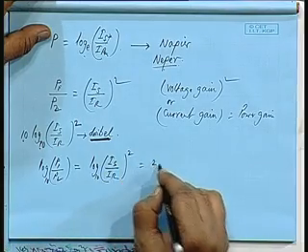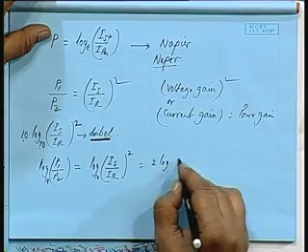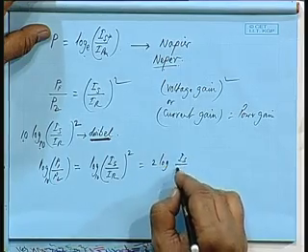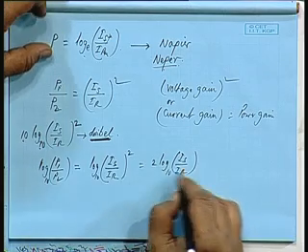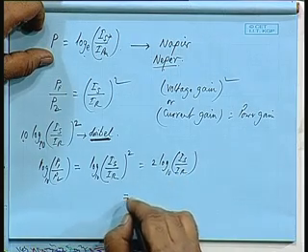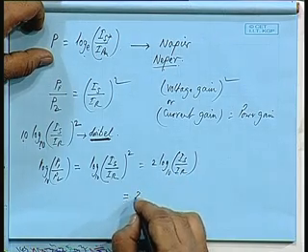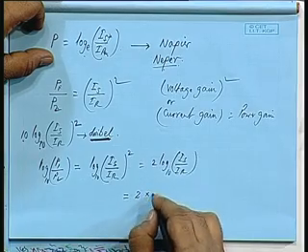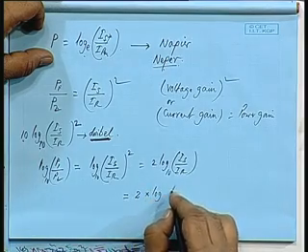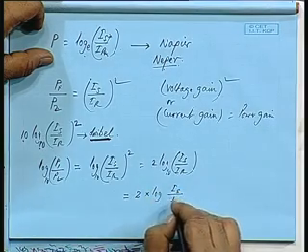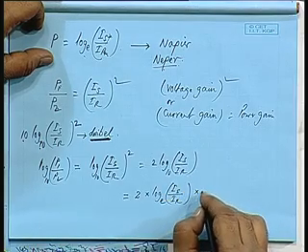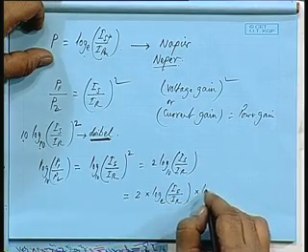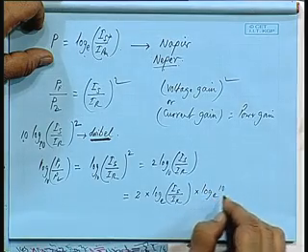So, it is 2 log of Is by Ir to the base 10, and if one changes this to 2 into log of Is by Ir to the base e, then this will be multiplied by log of 10 to the base e.